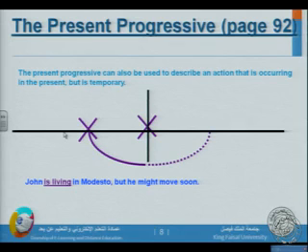Notice now, he's living now in Mauricio, but he might move soon. So we use the present progressive to describe an action that is occurring. Occurring means happening now in the present, but it's going to change soon. Okay?